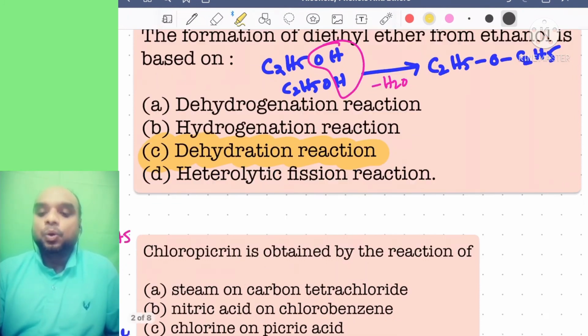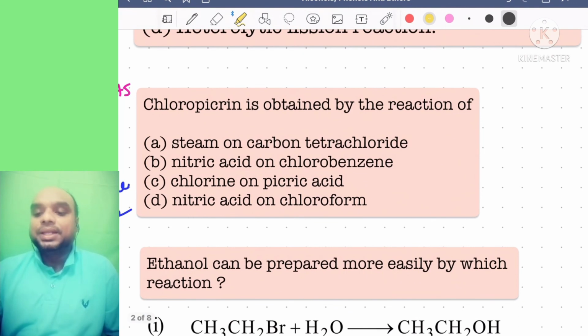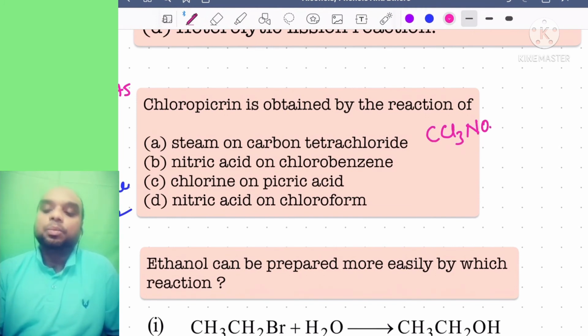Next, chloropicrin is obtained by the reaction of what? Chloropicrin is CCl3NO2. How do we get this substance?